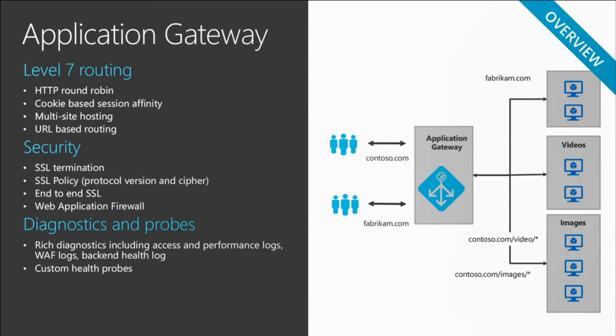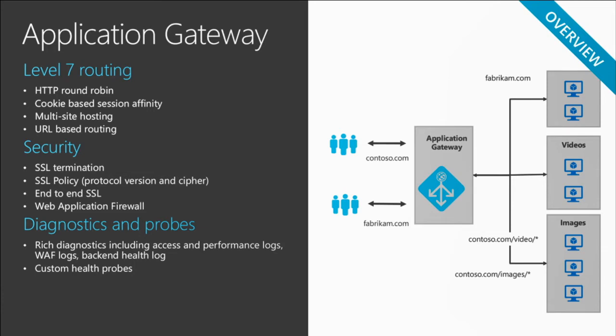We do URL-based routing, where you can have independently scaled backend pools for different URLs. For example, you have a blog site which is receiving a lot more traffic. You could have an independently scaled backend pool for that. You can also, for better cost optimization, host up to 20 websites today.